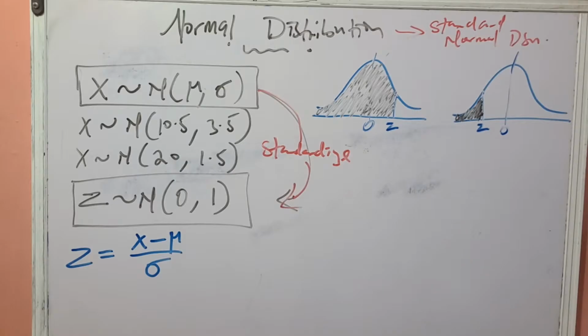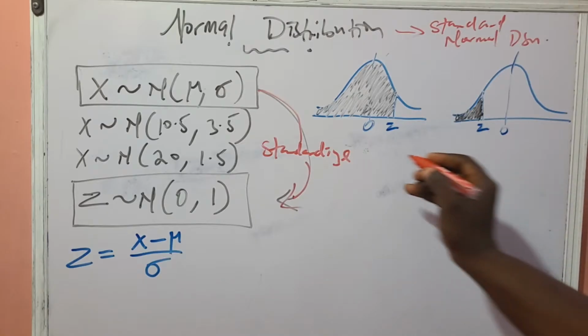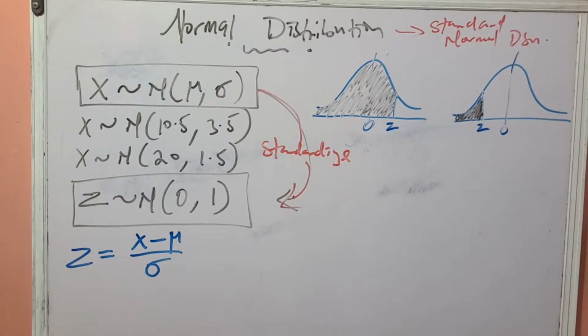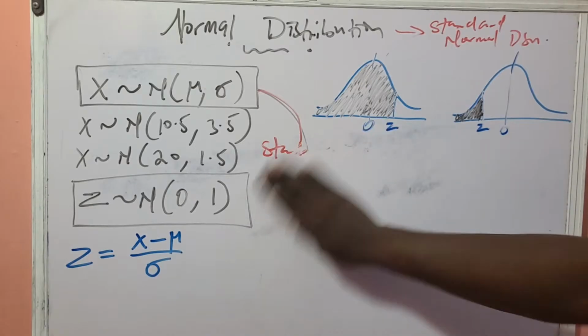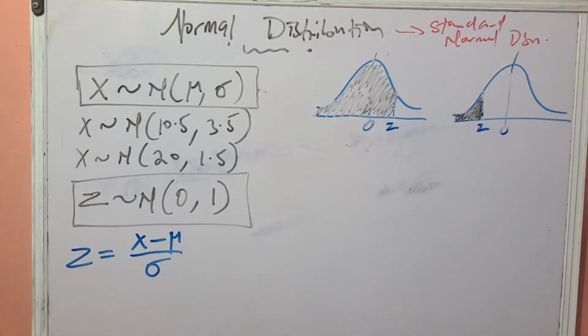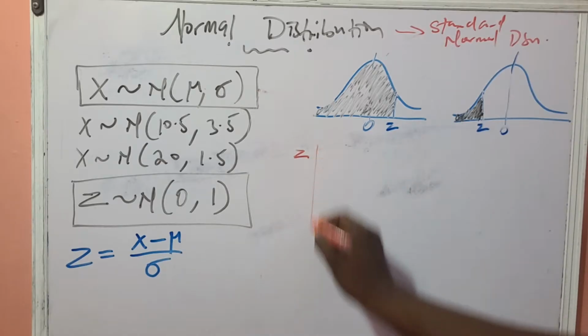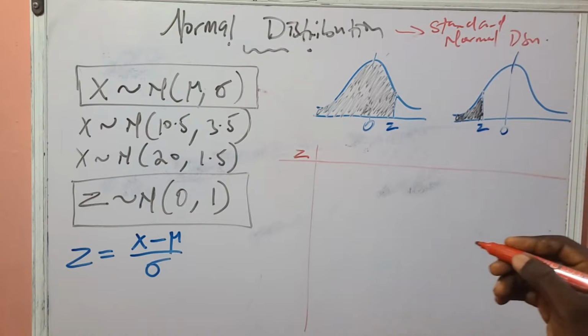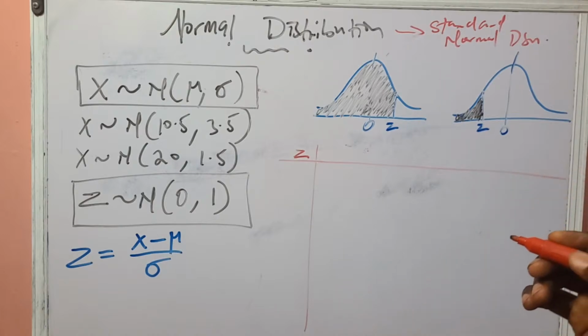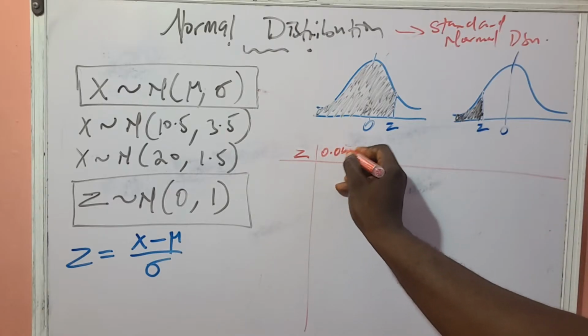This is very key. Now, if you look at this table that has the smaller shading, this is one of the things you're going to see on both tables. You're going to see a column Z, and on the top of this column, you would see 0.00.